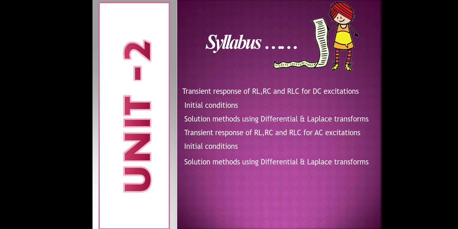The solution method using differential equations and the Laplace transformation, and the transient responses of RL, RC and RLC for the AC excitations, with initial conditions and solution methods using differential equations and Laplace transformations. But as per the syllabus we need to discuss only second order differential equations for the transient responses, taking the conditions like overdamped, underdamped and critically damped, right?